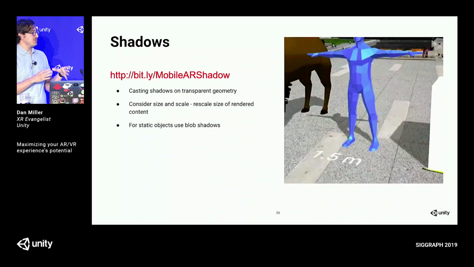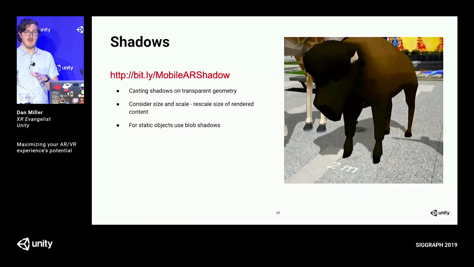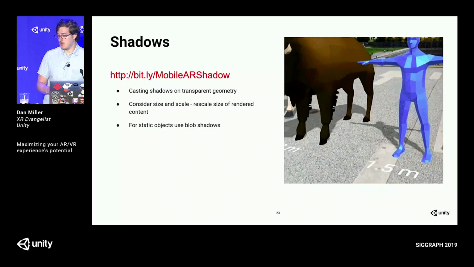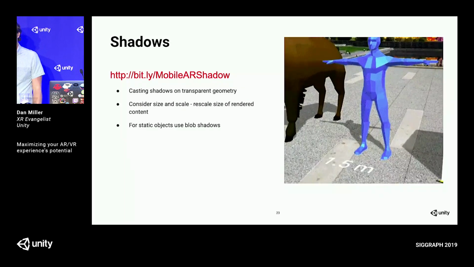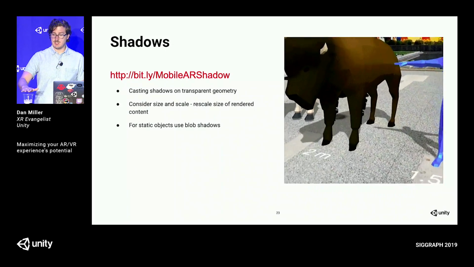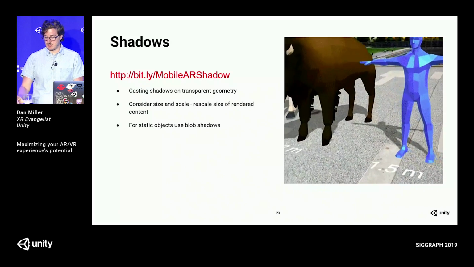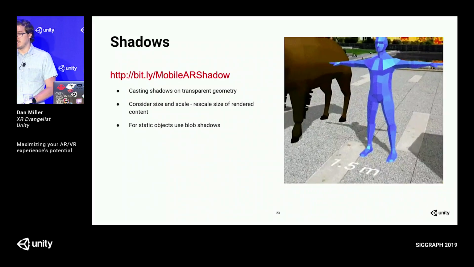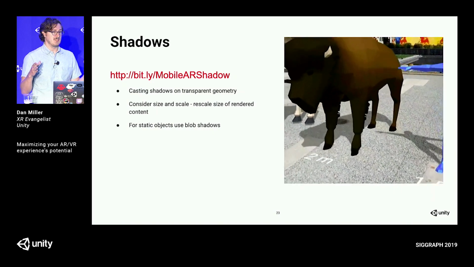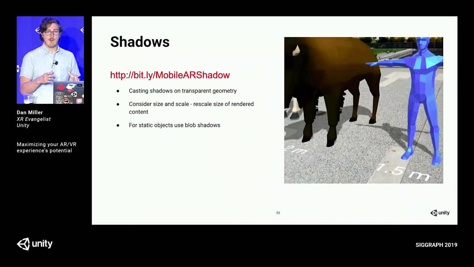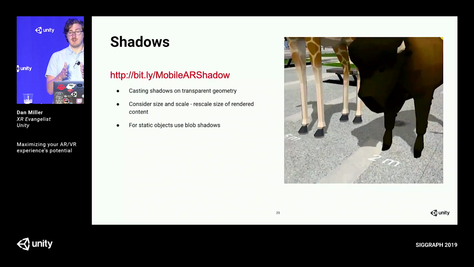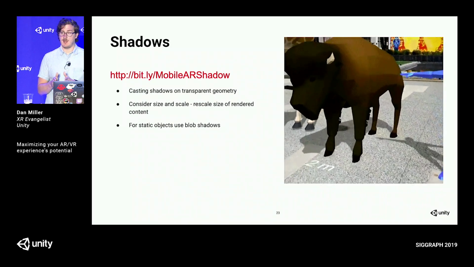And in order to achieve crisp shadows with that, you have to scale your rendering down. Unity is expecting a cube that's a meter in size. If you put a cube here that's just a few centimeters, then the shadow isn't going to be as crisp as it is at that larger size. So in Unity, what you can do is scale the camera parent, and as you scale that up, it inversely scales the rendering of your content.